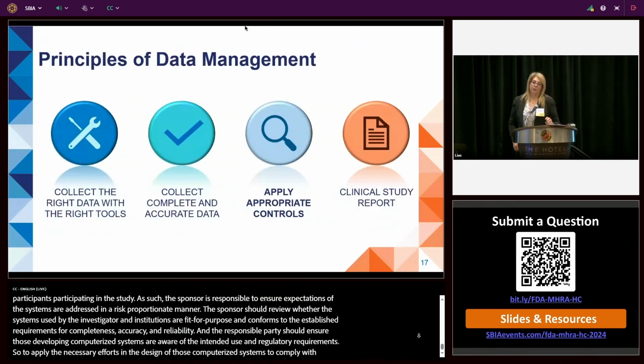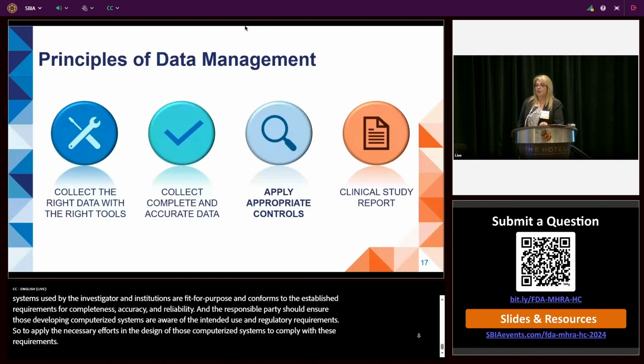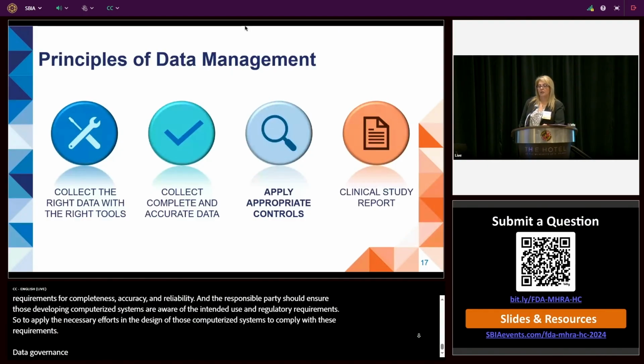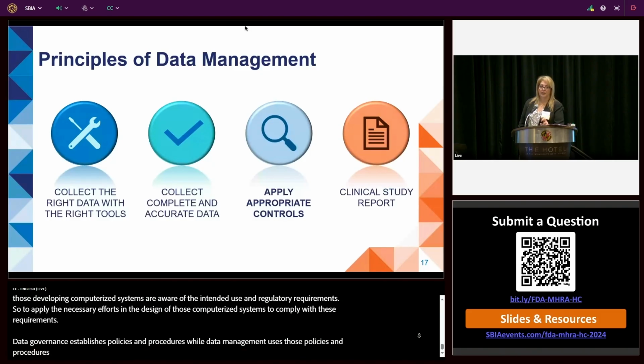Data governance establishes policies and procedures, while data management uses those policies and procedures to create and compile good quality data.